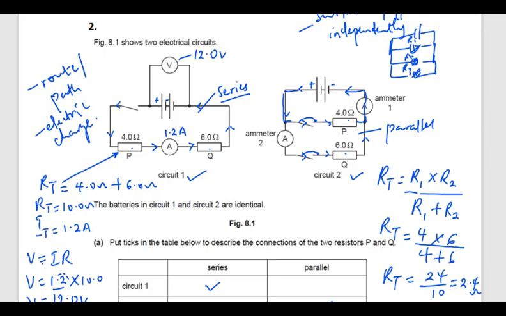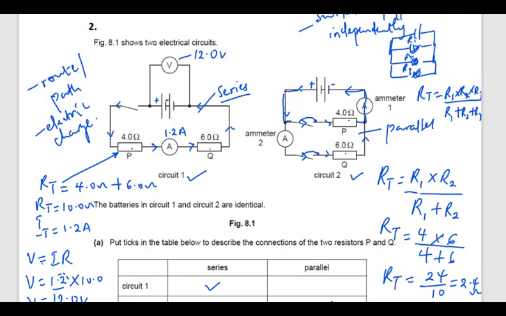If I want to find the combined resistance of these three resistors, R total equals: how many resistors do we have? 3 resistors. Add all their resistances together, R1 plus R2 plus R3. Then at the top, for the numerator, multiply all the resistances together. Okay, that's how to find it.